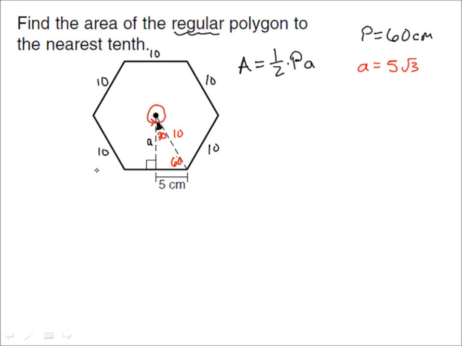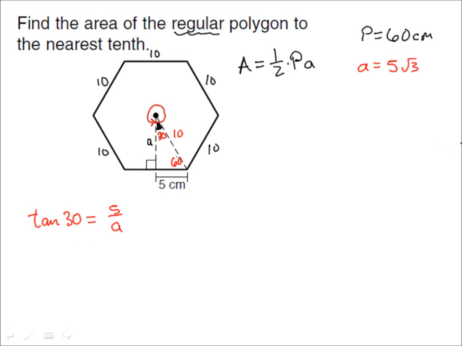Now, if it wasn't a 30, 60, 90, let's go ahead and write the equation down. We know the length of the opposite side, and we're trying to find the adjacent side. So we would use our tangent ratio, and we would write the tangent of 30 is equal to opposite over adjacent. Our variable is in the denominator.